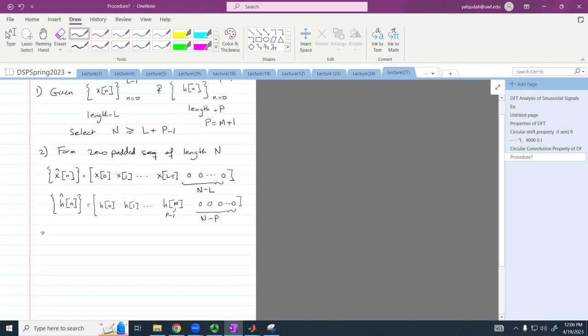Okay. The third step, I'm going to calculate the N-point DFT of x hat of n. This is going to give me x hat of k. I'm going to calculate the discrete Fourier transform of h hat of n. This is going to give me h hat of k.